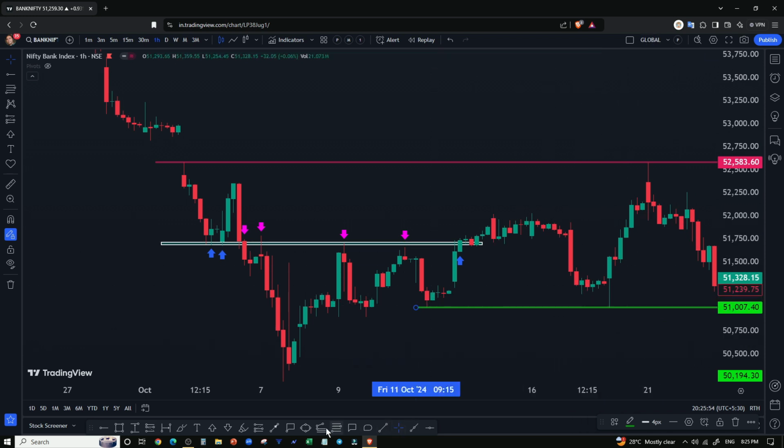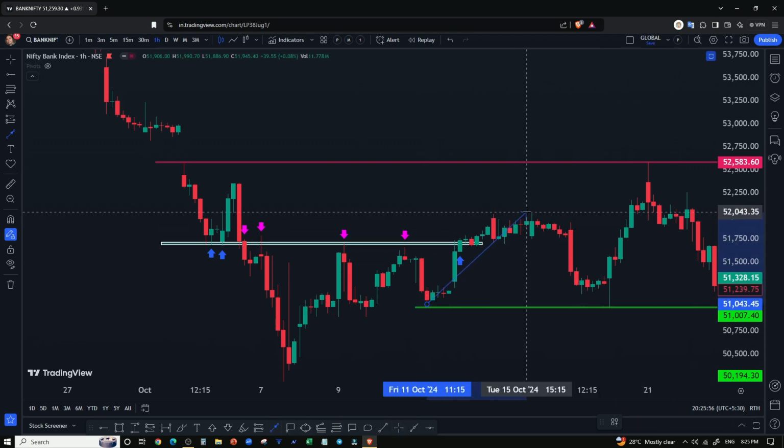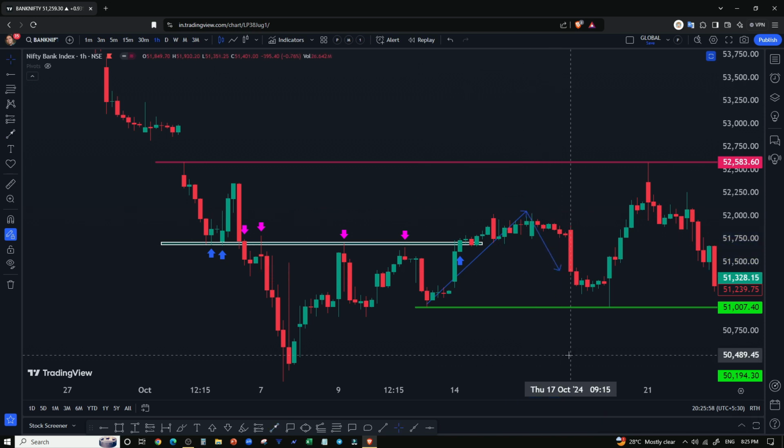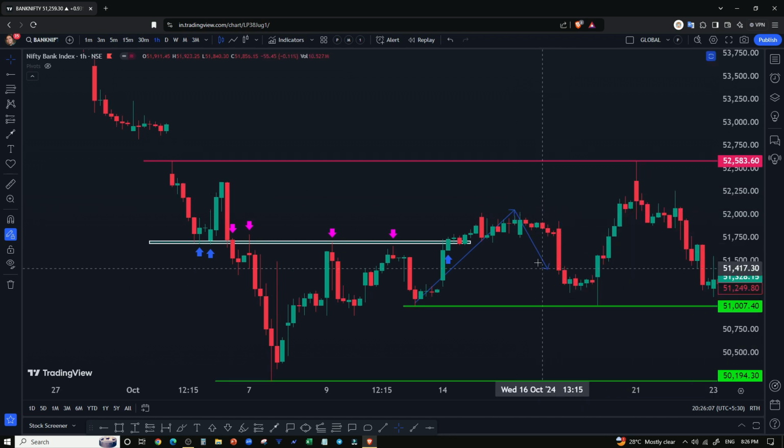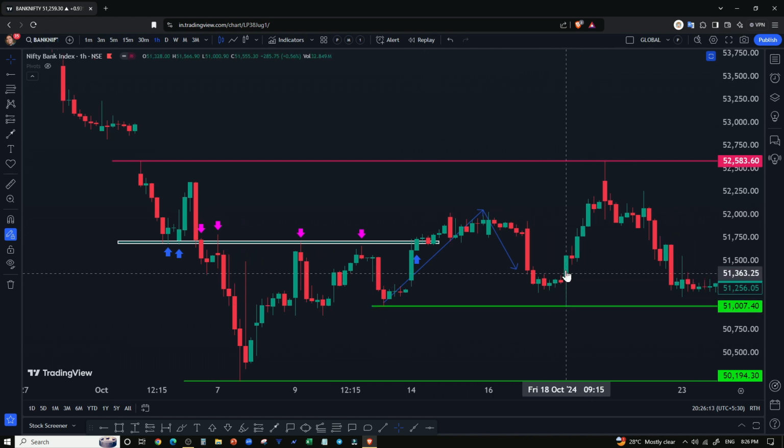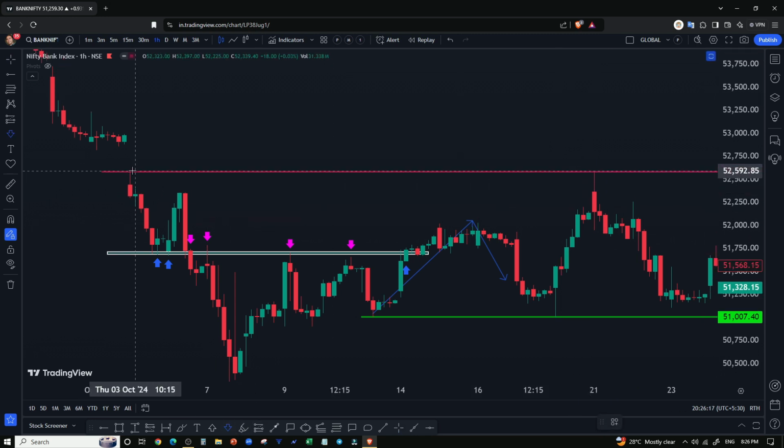Generally, when the market goes up, it might take a retracement up to 50% or maybe 61.8% or maybe 78.6% levels also. But in this case, because of weak sentiment, it retraced deeply to the previous structure support. Okay, now it acted as a support and rejection happened, and again finally it breached the previous resistance levels.